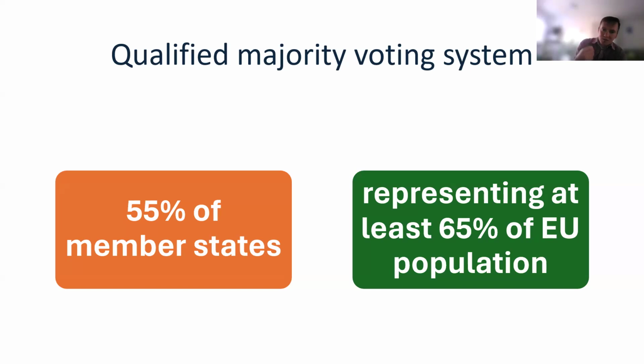It's not just simple majority, as it means that 55% of member states, which are 27 now in European Union, representing at least 65% of EU population need to vote. And that never happened, by the way.